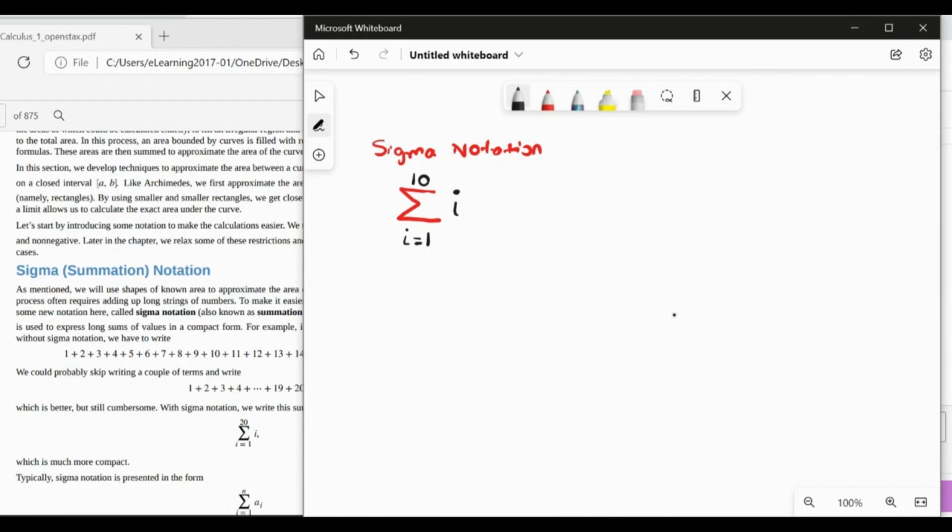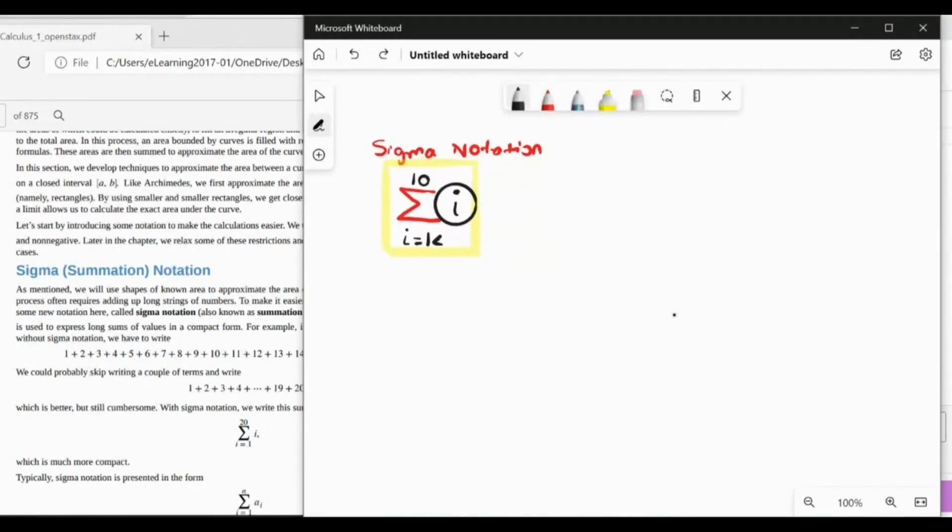And this tells us to keep adding the expression inside. So you can have different expressions after the sigma sign. Whatever you have here, you just change its value starting from 1 until 10 and keep adding them.